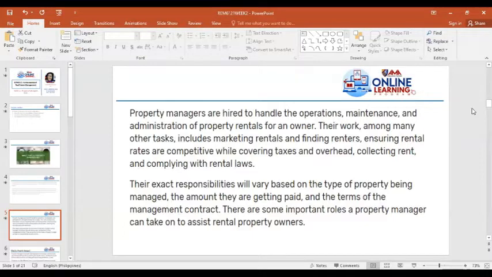The exact responsibilities will vary based on the type of property being managed, the amount they are getting paid, and the terms of the management contract. So there are important roles a property manager can take on to assist the rental property owners.